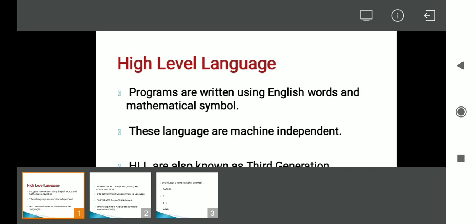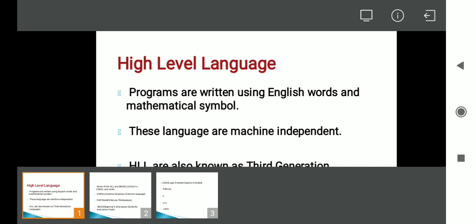The symbol 0 stands for the absence of electric pulse and 1 for the presence of electric pulse. So low level language, machine language programs are CPU dependent. And you also learned about the assembly language, which is used to write a program in mnemonics or symbols. This is the second generation language.